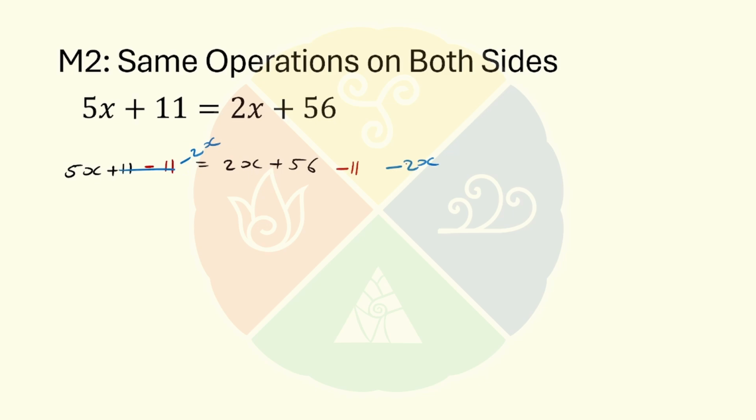This and this will get cancelled. You will get 5x minus 2x is equal to, you can directly do that also, that is 3x is equal to 56 minus 11. 45. x is equal to, now you simply have to divide by 3 on both sides. You will get x is equal to 15.